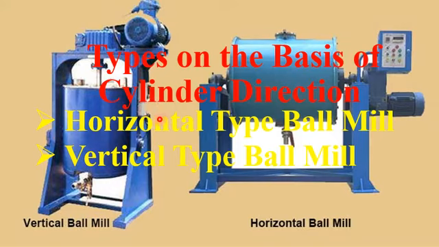Based on the shape, ball mill apparatus is divided into two types. One type is known as the horizontal type ball mill apparatus, and the second type is known as the vertical type ball mill apparatus, like this.